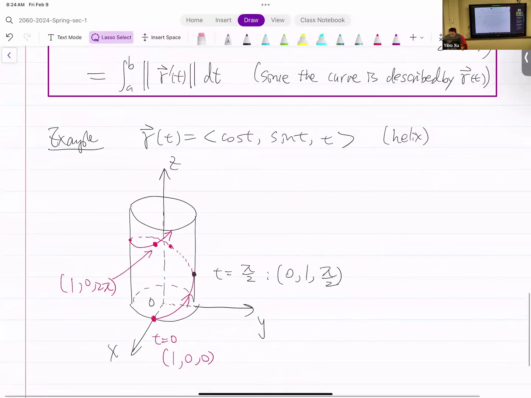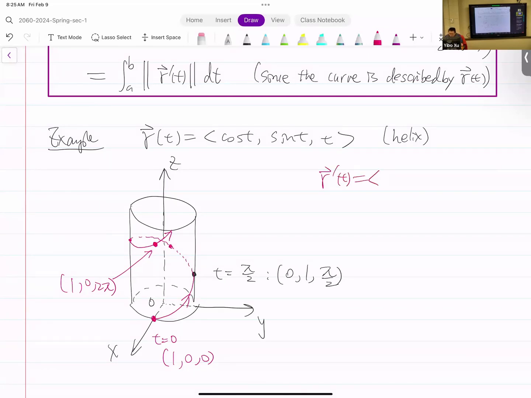So what do we need? If you think about it, we just need to integrate this part. So we calculate r prime, the tangent vector, and then we take the magnitude, and then we integrate. That's the process. So let's calculate r prime first.